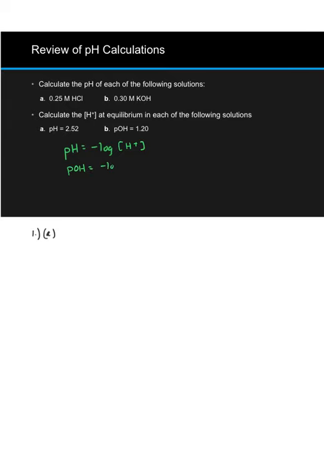If, however, we know something about hydroxide ion concentrations, we can determine a pOH directly by taking the negative log of OH minus concentration. Together, if we know a pH or a pOH, we can calculate the other, knowing that pH plus pOH for a solution equals 14.